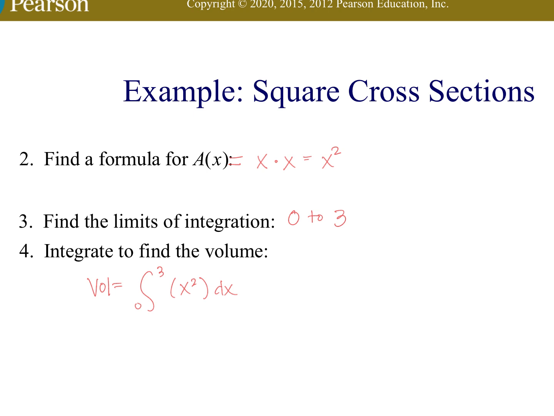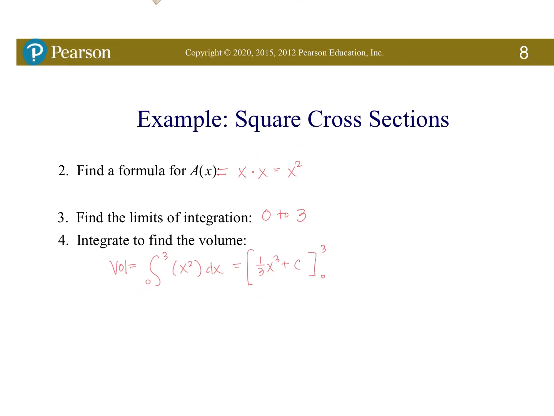So it ends up being a pretty simple integral, one you would do without your calculator. You'd find the antiderivative and then evaluate it from 0 to 3. So we're not going to finish it, but this would be something like without your calculator. So we could do one with our calculator and one without. Any questions on that?